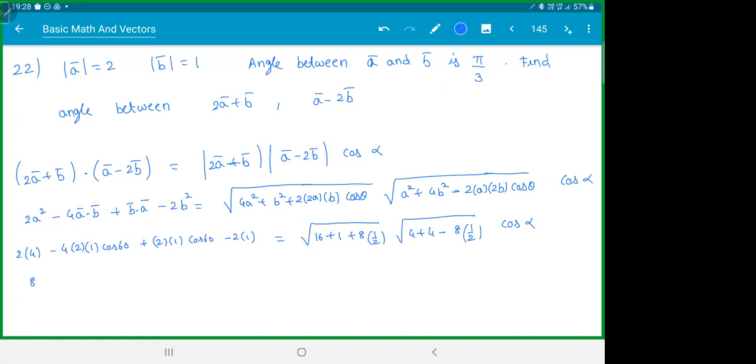Simplify this. This will be 8 minus 4 plus 1 minus 2. This will be root 21 into root 4 cos alpha. The numerator will be 9 minus 6, so 3 by root 21 into root 4, that is 2, equals cos alpha. That's your answer, right?